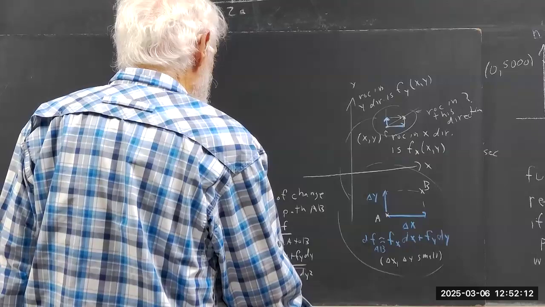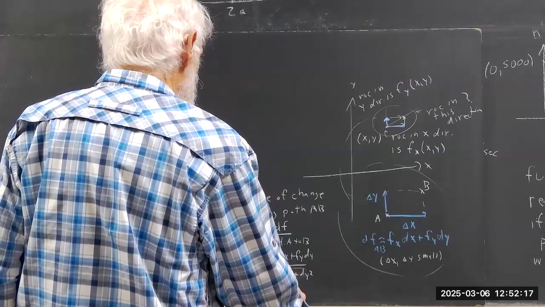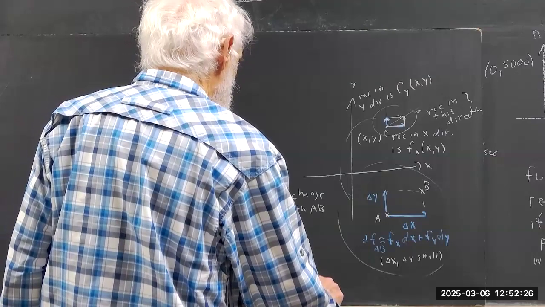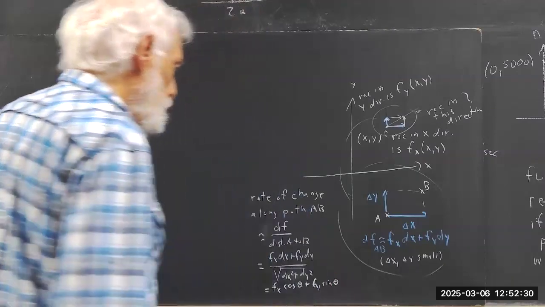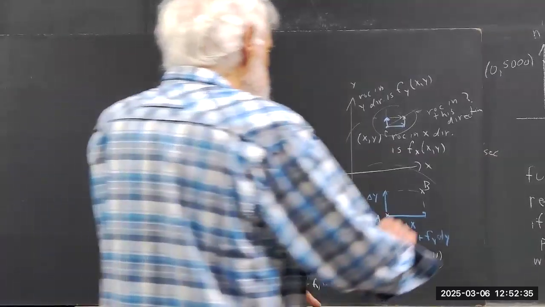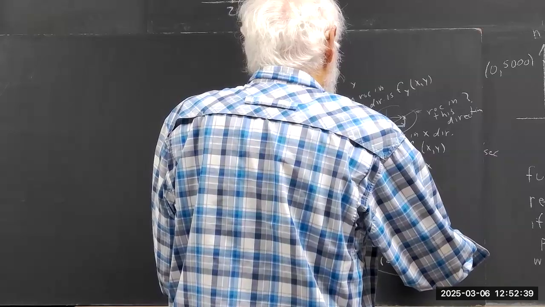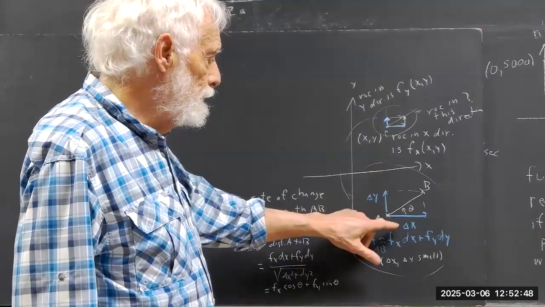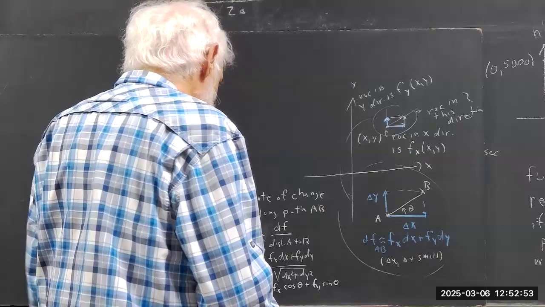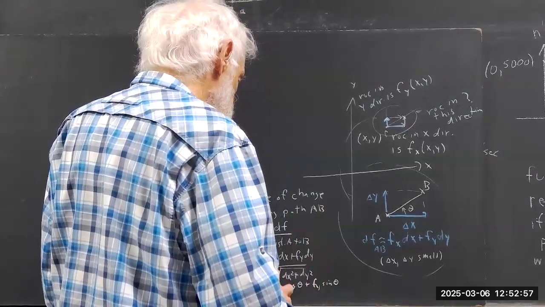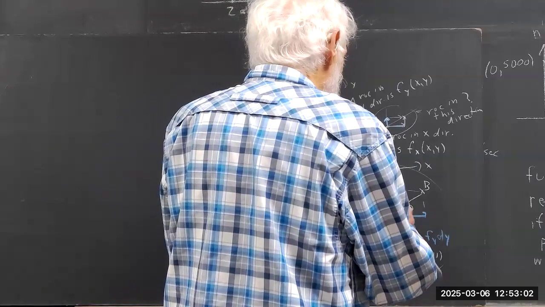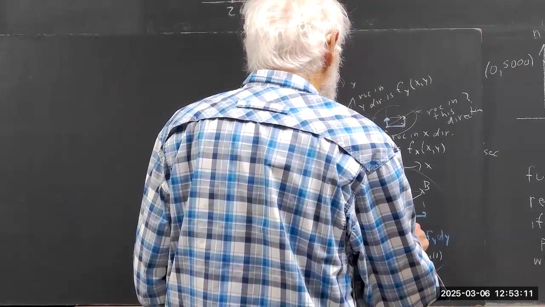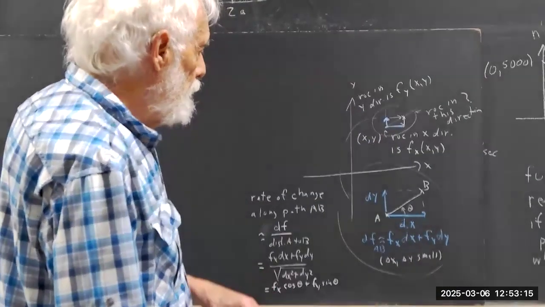And that is equal to fx cosine theta plus fy sine theta, where theta is the angle, because your dx here, and I should label that as a dx, you've got a triangle here.